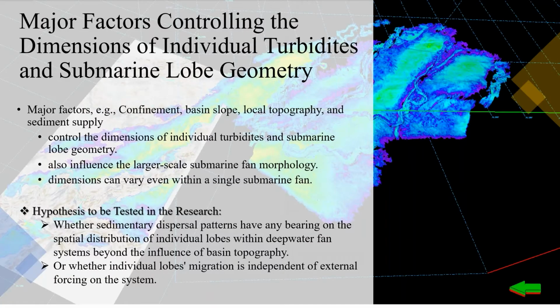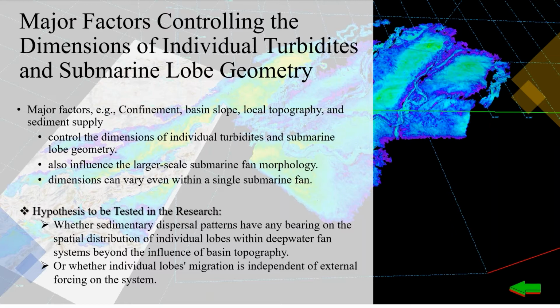Before we proceed, let's have a relook at the major factors controlling the dimensions of individual turbidites and submarine lobe geometry. In the last 5 decades, a humongous amount of research has gone into understanding deepwater turbidites and submarine lobe and fan systems, and a huge amount of information is now on our plate to discuss.